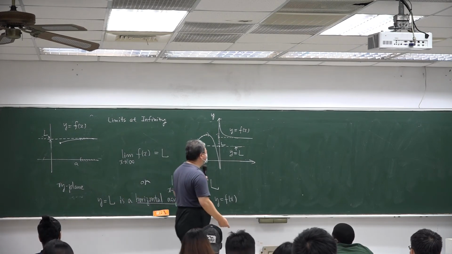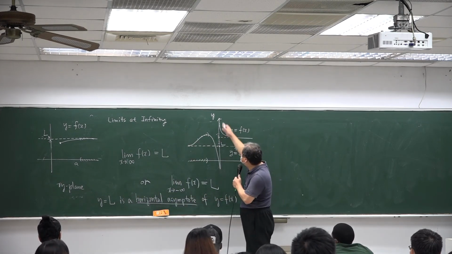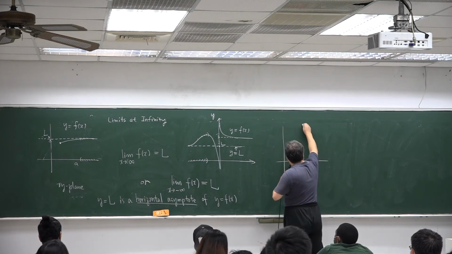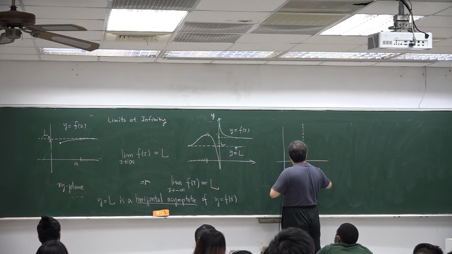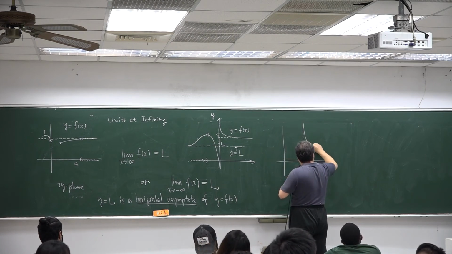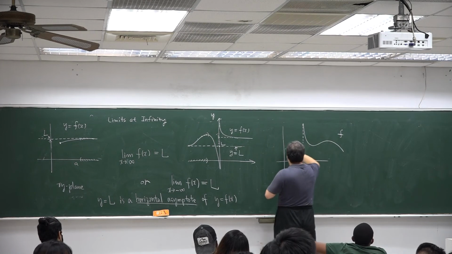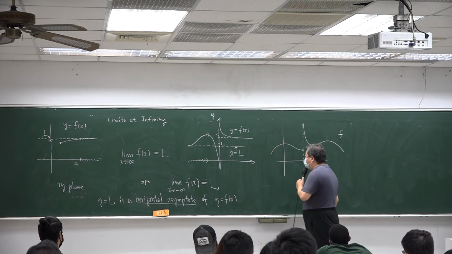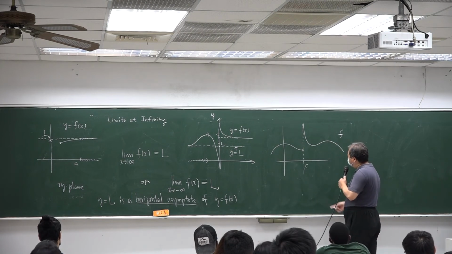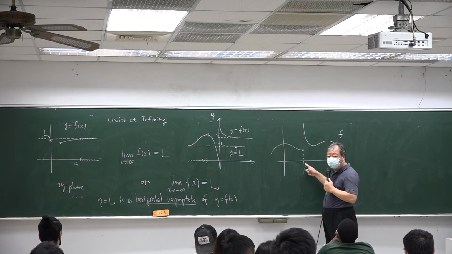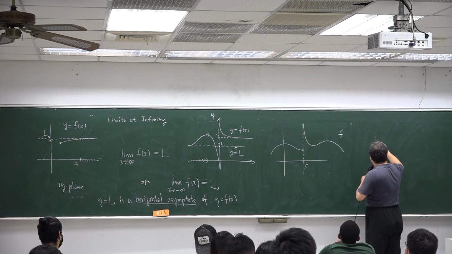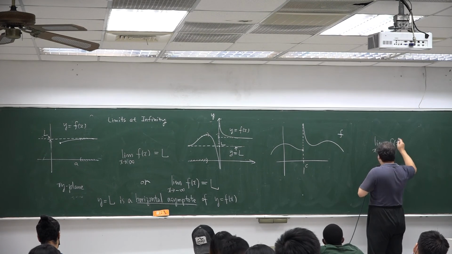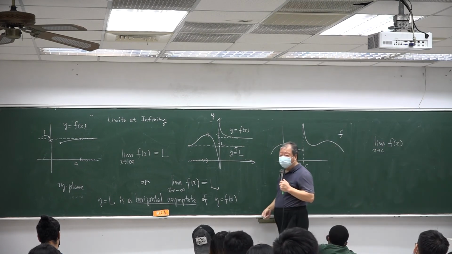Sometimes the behavior of a function looks like this. In this case, at a finite position, we can talk about x approaching c, the limit of the function f of x.